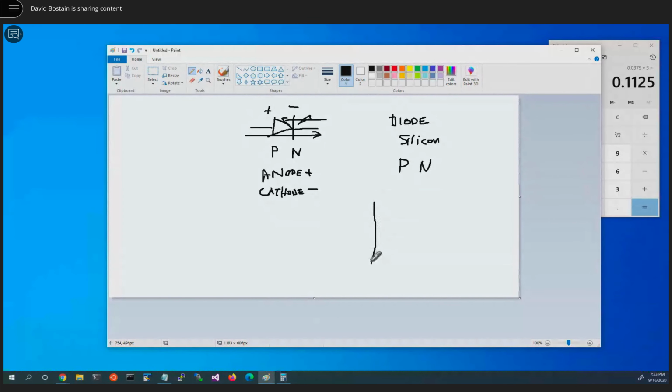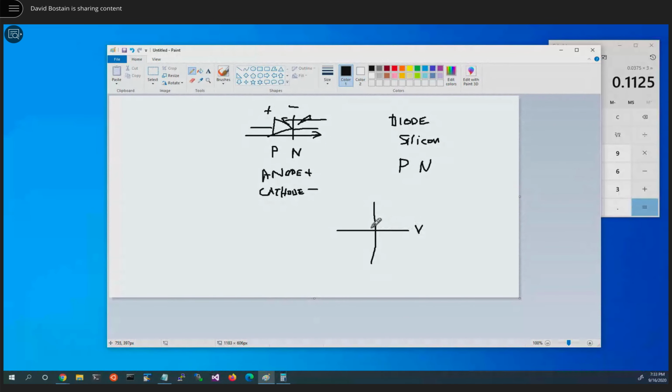Well, in general, if we use a Cartesian coordinate system here to represent things, we're going to have the x-axis represent the applied voltage. And if it's applied in a correct way, meaning so that the current wants to flow, we're going to graph it on this side.